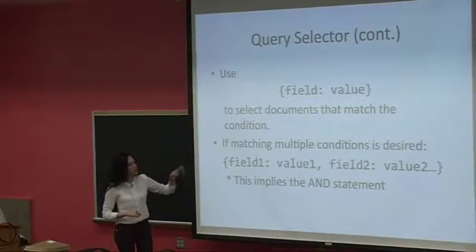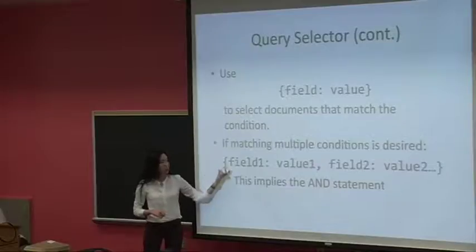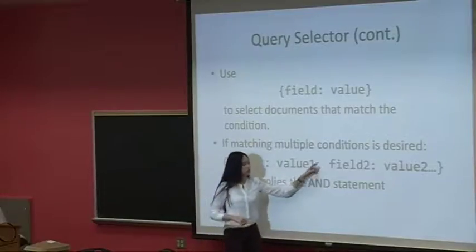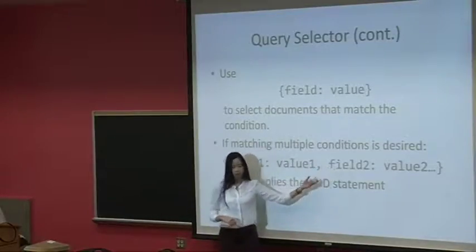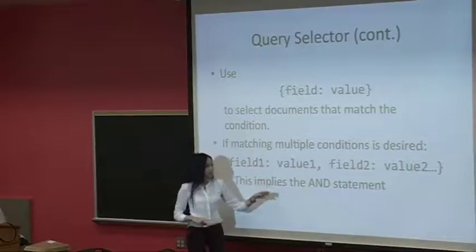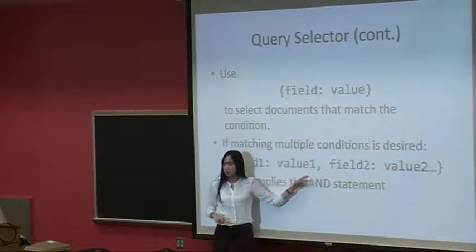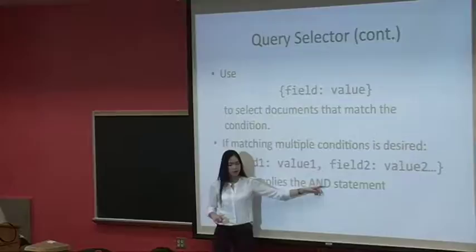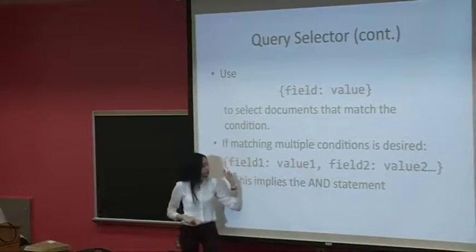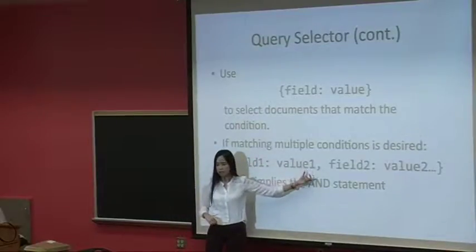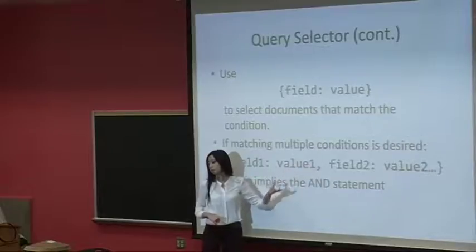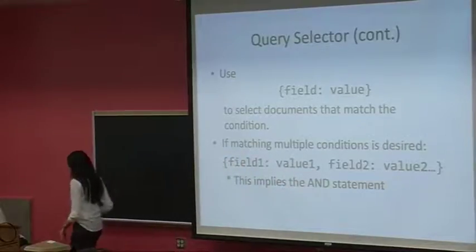And if you want to match multiple conditions, then you just do a comma and then the second one. So this is an AND statement. If you specify multiple sets of key values, it means all of them have to be true for the matching.